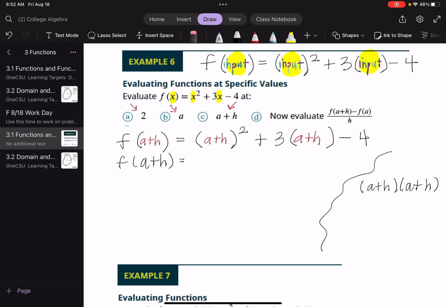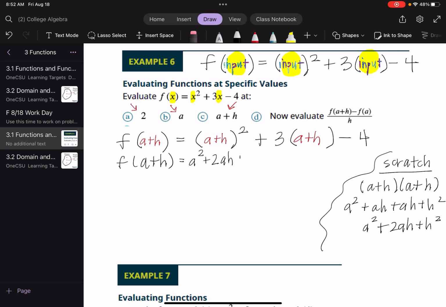So I'll come over and do some scratch work over here to keep myself organized. So this would be a plus h squared, which will give me a squared plus 2ah plus h squared. So that goes here, a squared plus 2ah plus h squared plus, now let's distribute the 3.